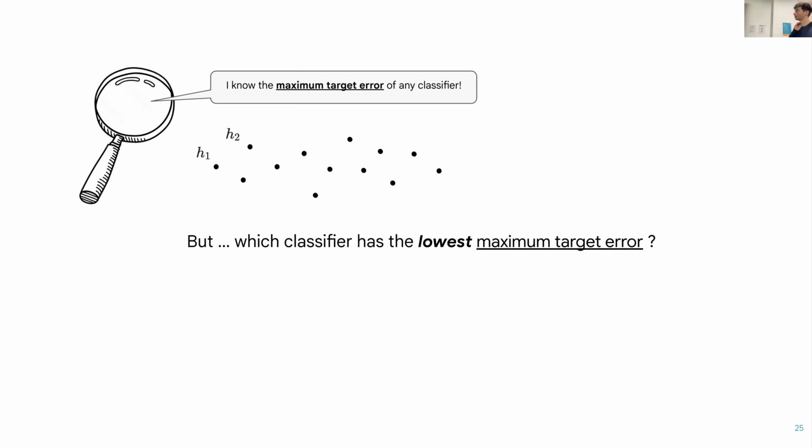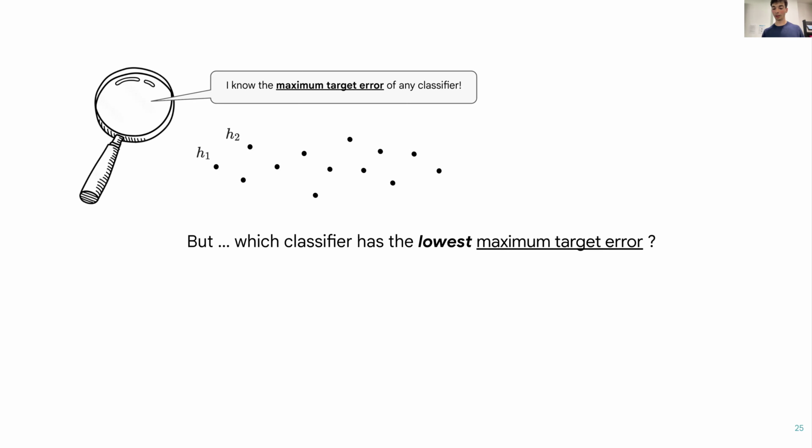But this is great, but ultimately the objective, now moving on to the second part of the talk, is really understanding which ones of these classifiers evaluates to the lowest maximum target error, which ones of our possible classifiers has this kind of best worst case guarantee.